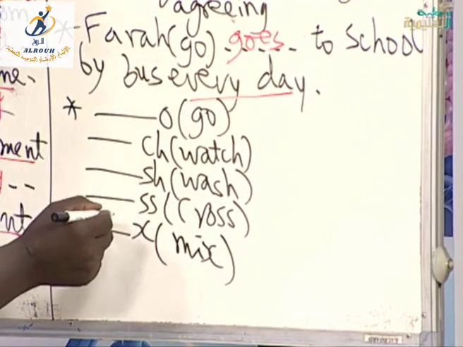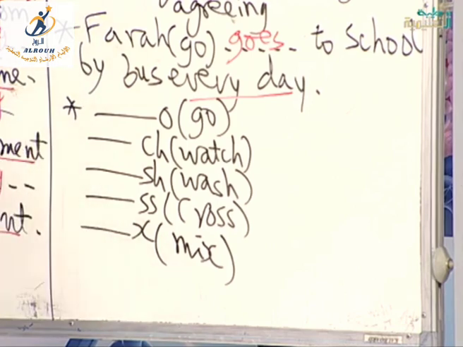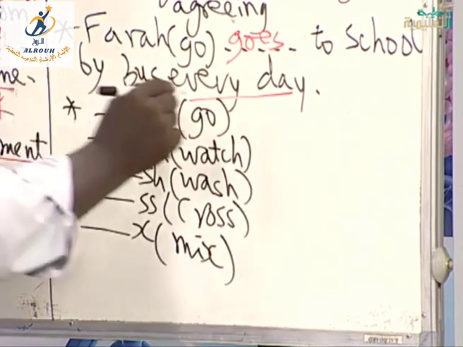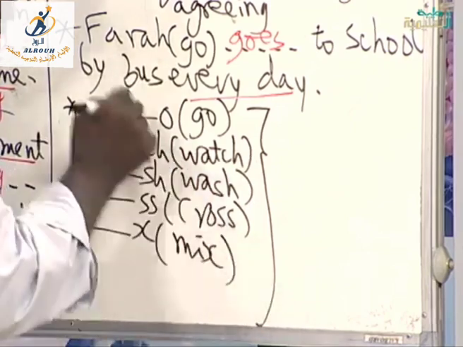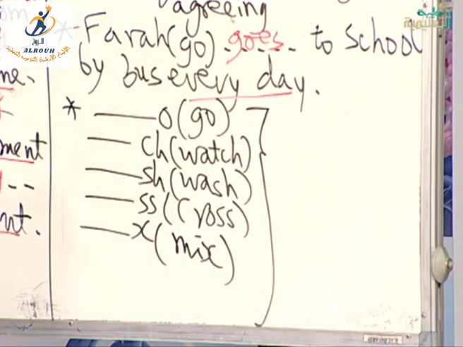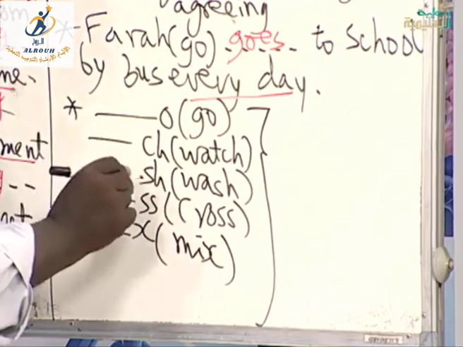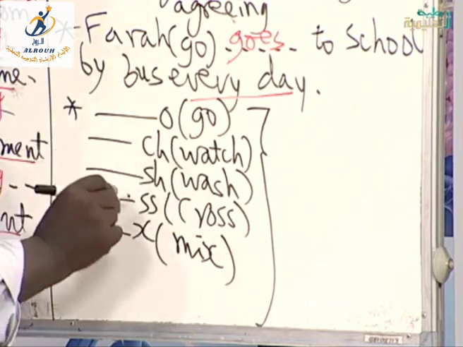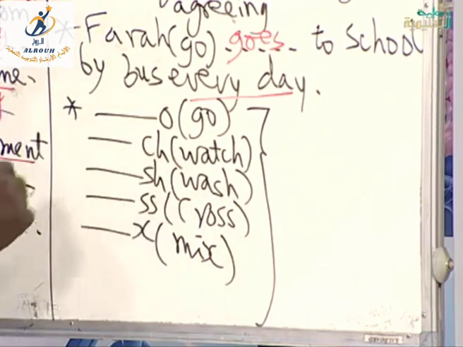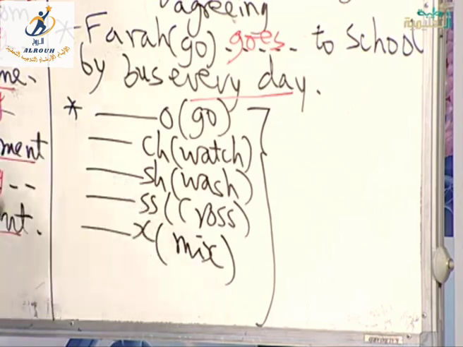And then the last case, آخر حالة, the verb is ending in x, like mix, يخلط. Let me repeat myself. The verb is ending in o, go; ch, watch; sh, wash; double s, cross, يعبر; x, mix, يخلط.